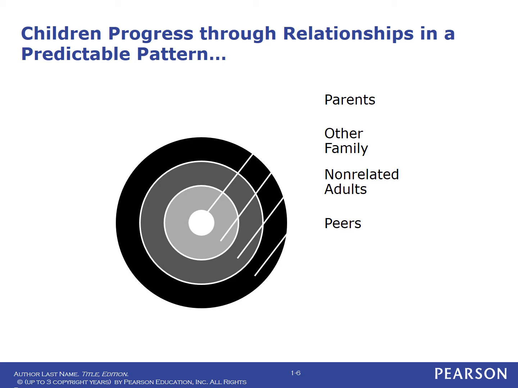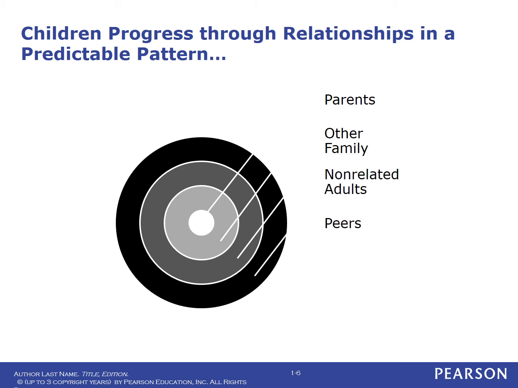Children progress through relationships in a predictable pattern. If we look at this bullseye, you'll see that the center of the bullseye when a child is small is the parents. The parents are who provide nurturing and establish trust with the child. Gradually, other family members are included: siblings, grandma, grandpa, aunts, and uncles.